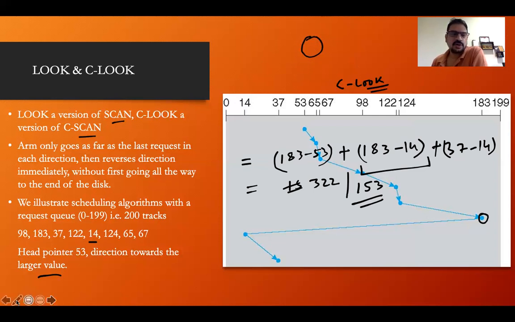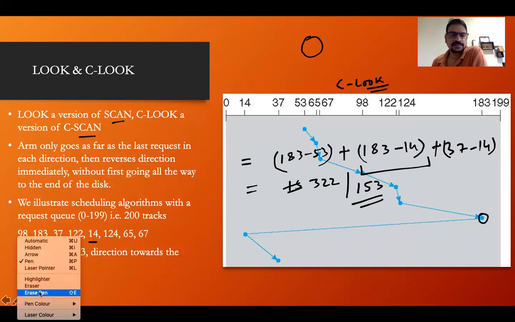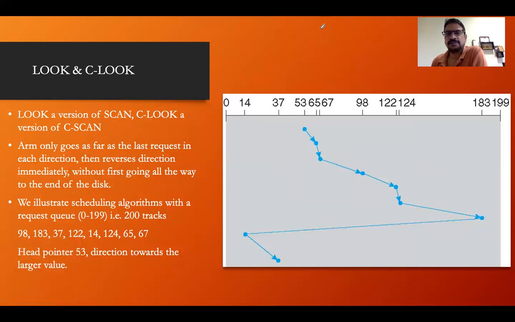Now let's talk about LOOK. How will LOOK move? If we have to serve with LOOK, how will it serve? It is from 0 to 199, right? My direction is the larger way, so I'll move in the larger way.